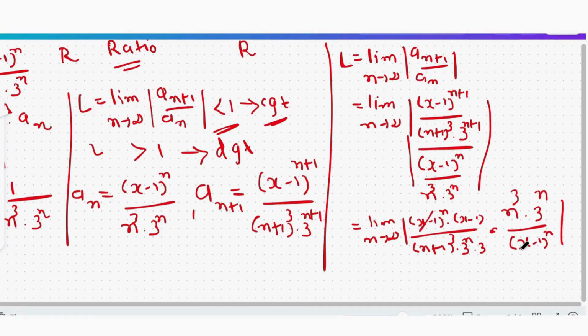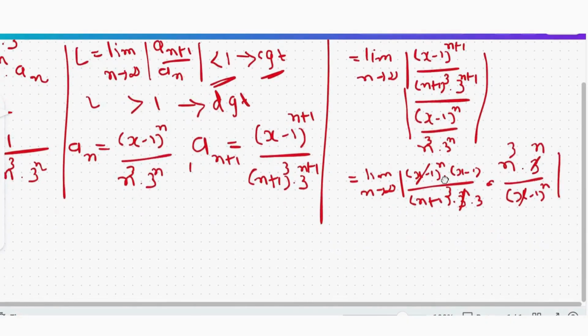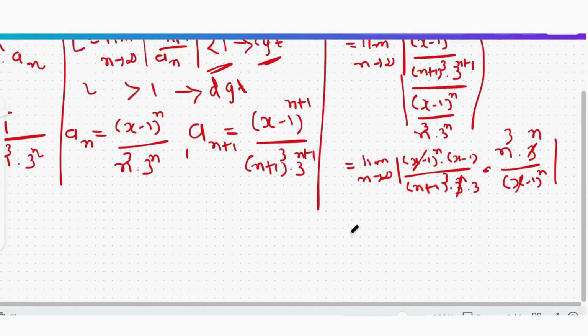Now this term is cancelled out, and again 3 raised to n and 3 raised to n are cancelled out. After simplification, we have limit n tends to infinity mod x minus 1 times mod n raised to 3 upon 3 into (n plus 1) raised to 3.